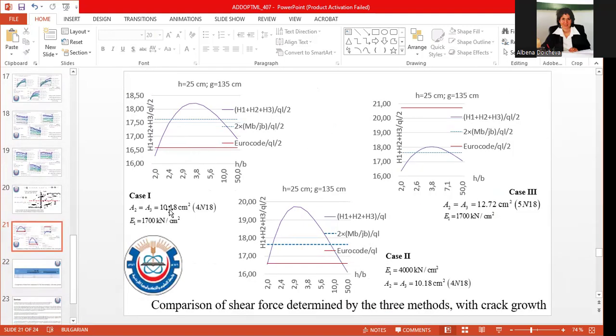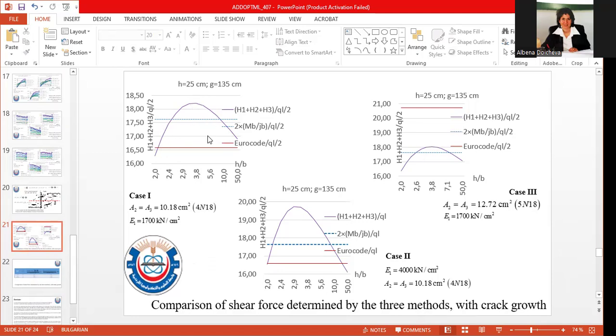The red continuous line is the shear force calculated by Eurocode. The blue hidden line is the shear force calculated by the equation in the literature. And third, the magenta continuous line is our shear force.